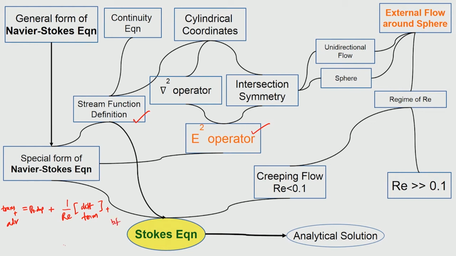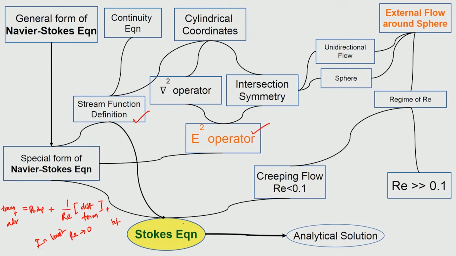Okay. So, which means that in the limit Re tends to 0, when Re is taken to the left hand side and right hand side on the numerator, then you would see that only the diffusion term will survive.